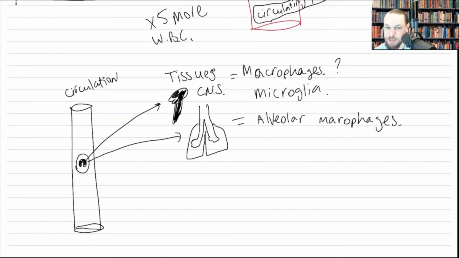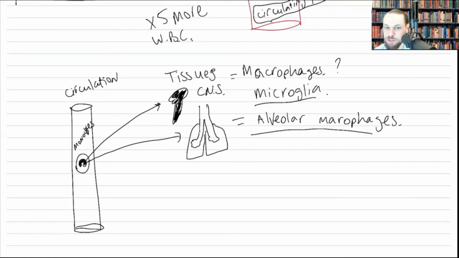The reason why I bring these out is because the moment this monocyte leaves the circulation, it has different names. They're going to be called macrophages. In the central nervous system, they're called microglia. And in the lungs, they're called alveolar macrophages. Their job is essentially to patrol and look for foreign invaders.